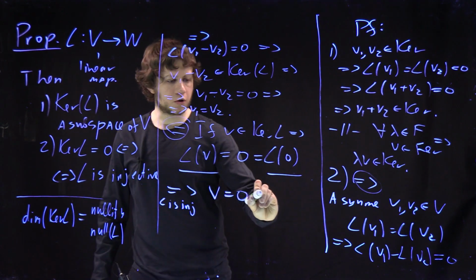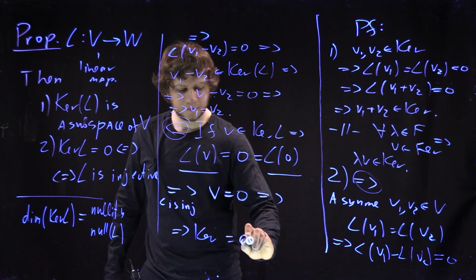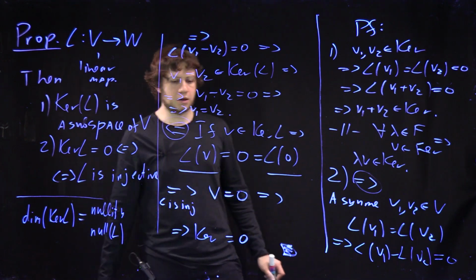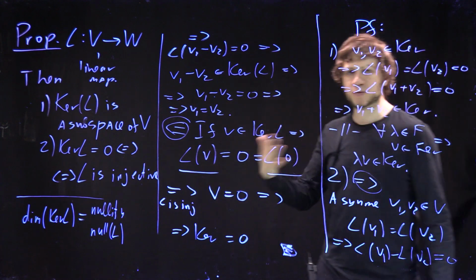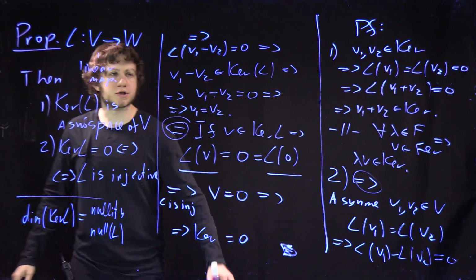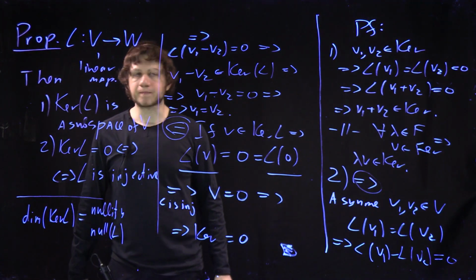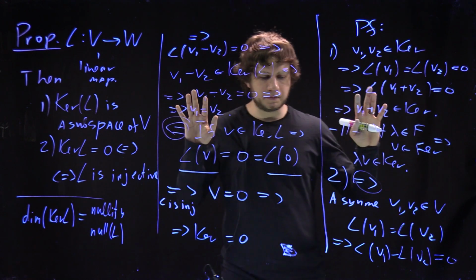And so the kernel is 0, and we are done. And that proves the statement. So you see, very straightforward, and you can use such proofs to practice this kind of linear algebra plus set theory story.